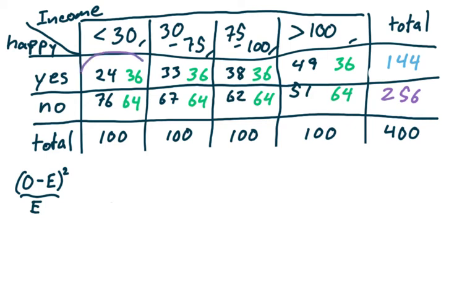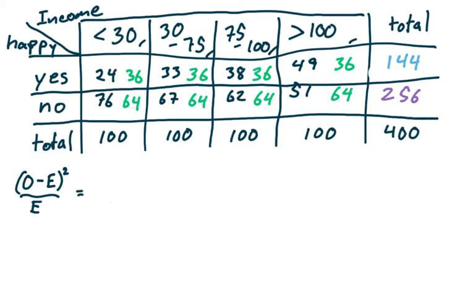So for every one of these, I'm going to take O, subtract away E, and then square that, and then go ahead and divide it by E again. And we're going to do that for every square here. So we're going to see 1, 2, 3, 4, 5, 6, 7, 8 values there.